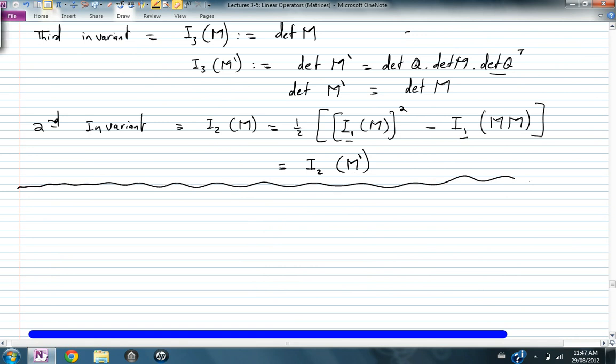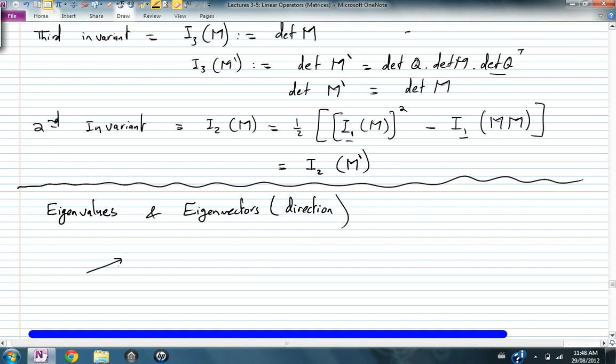The last thing that does not change is eigenvalues and eigenvectors. Of course, direction, because the components of the vector itself might change, but the directions do not change.